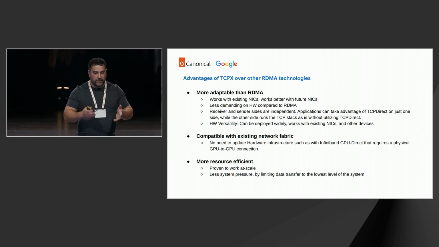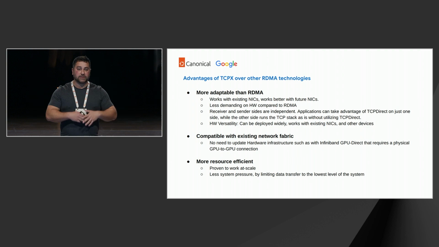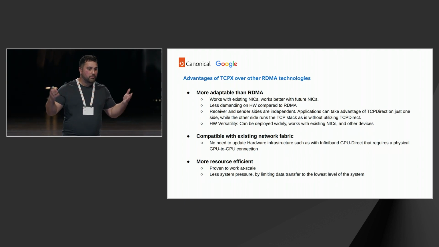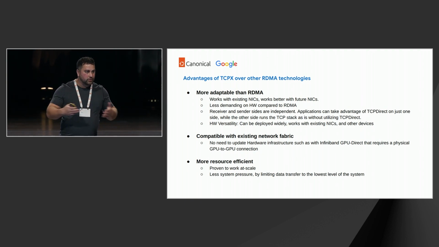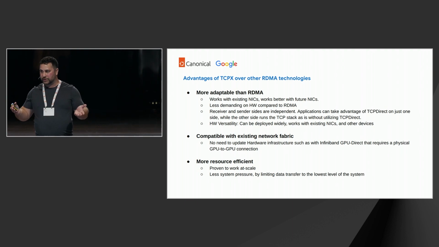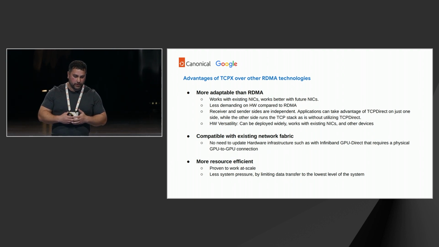So the first biggest advantage of TCPX is that it's more adaptable. It does not care about the hardware. You can use this to have direct memory connection between two regular memories or GPUs or any other device that is created in the future. This technology can be used to create a direct connection between those two.